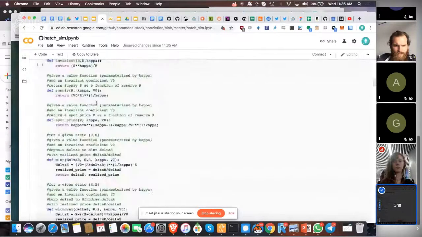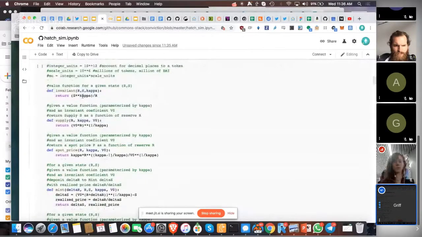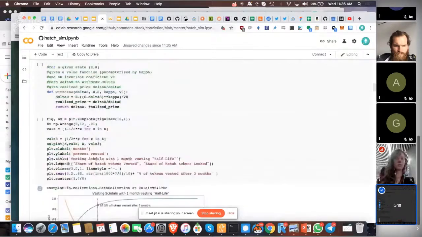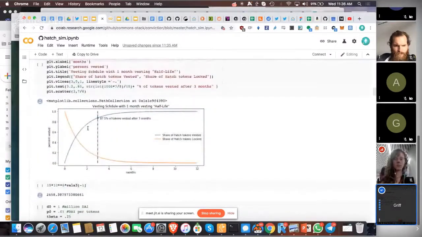But you can see here, this is where we define the invariant that I described before, which is S to the kappa over R. This is the token supply over the reserve. And we define other laws of physics that we implemented into our simulation. And then we get all these graphs.